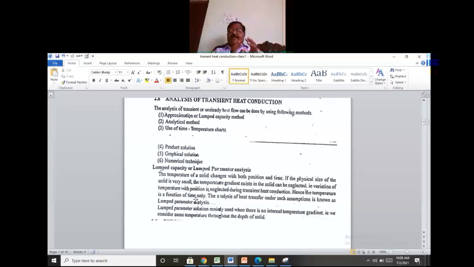That type of analysis is called lumped parameter analysis. We consider the same temperature throughout the depth of the solid. Take anywhere in the solid iron ball, the temperature is the same.